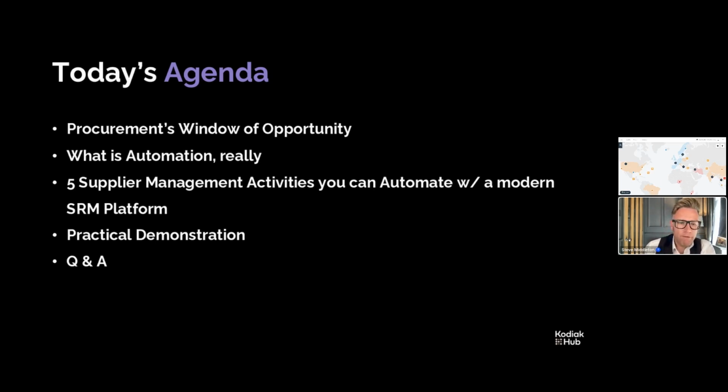And then before we move into the Q&A session, I'll also provide a practical demonstration of how these 5 tips can help you and work in real life practice. Of course, I might also cover some additional benefits within that as well. And then finally, of course, the Q&A session.